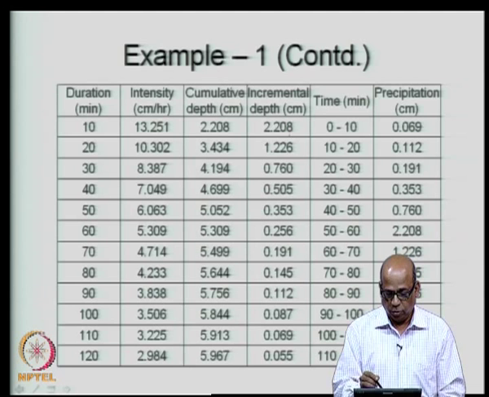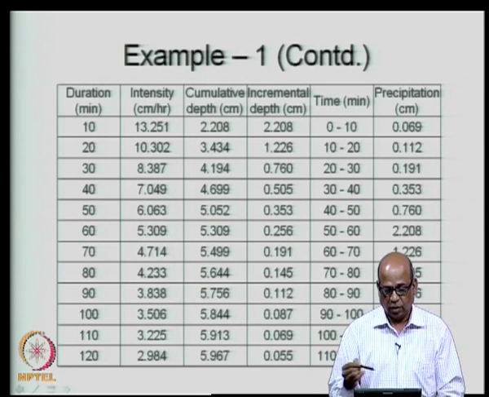This is 2.208, then 1.226, which is this minus this, and so on. Like this we keep getting the incremental depth, 4.699 minus 4.194, that is what you will get here, and so on.